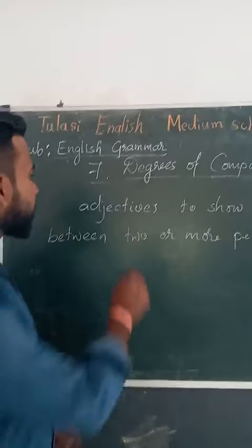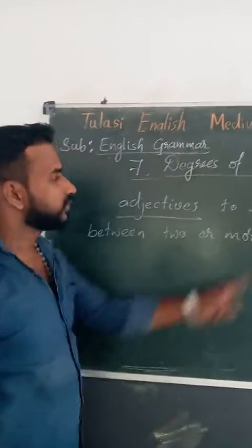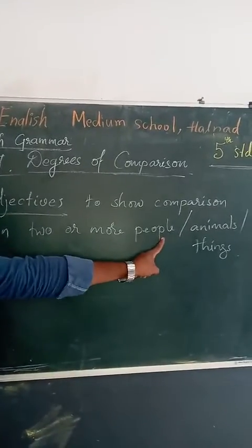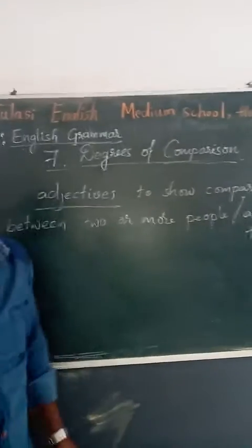See, we use adjectives to show the comparison between two or more people or animals or things.